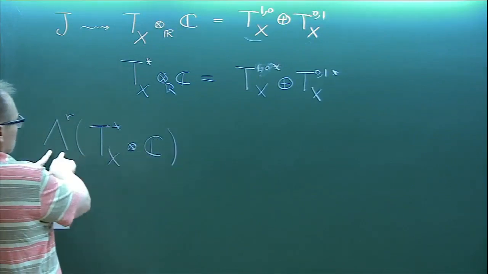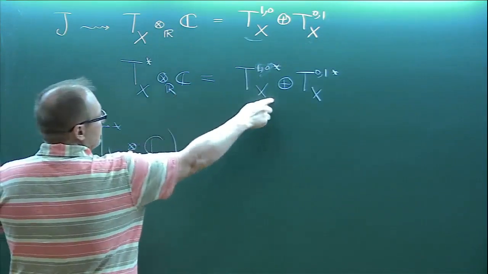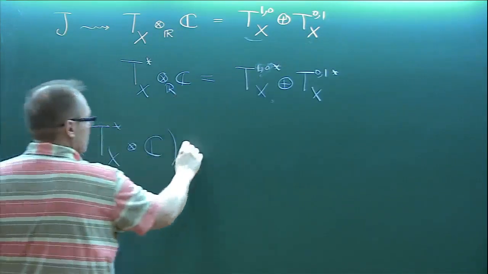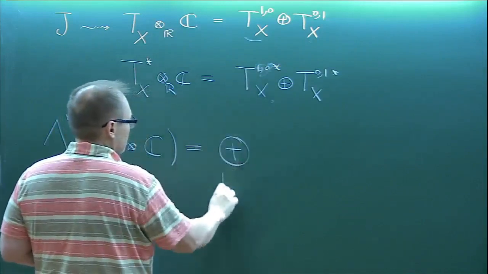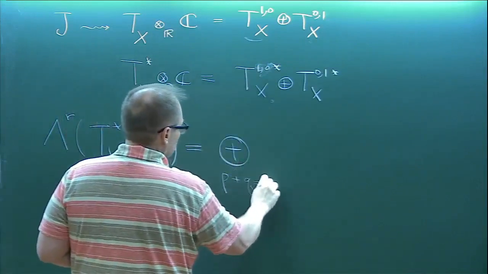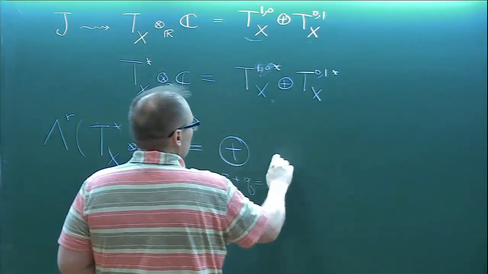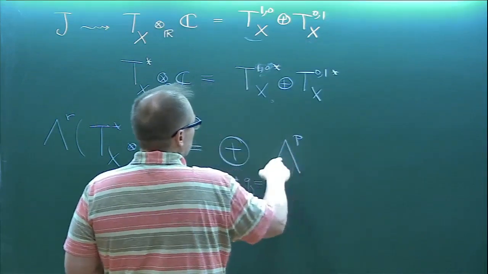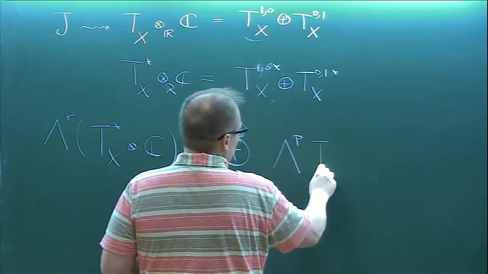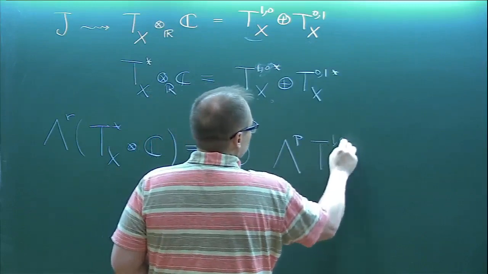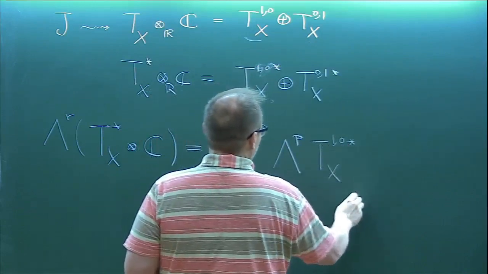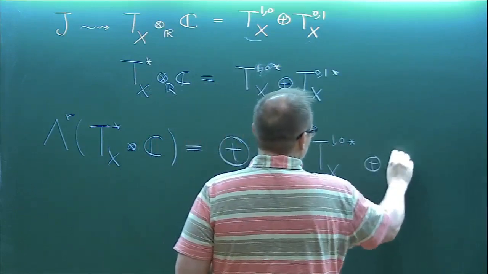But this is a product and this is a sum, so when you distribute this, you will get the sum over all P plus Q equal to R, and then you'll have P of these guys and Q of the others.